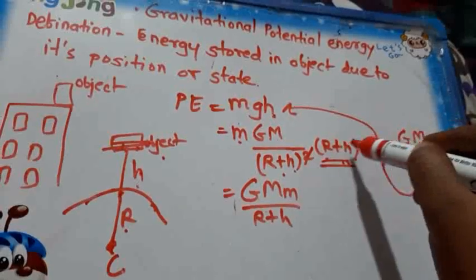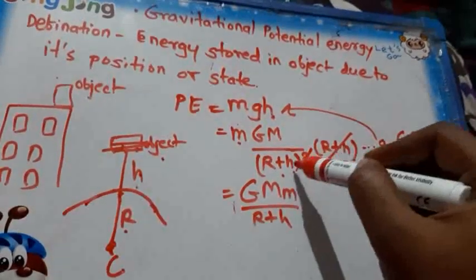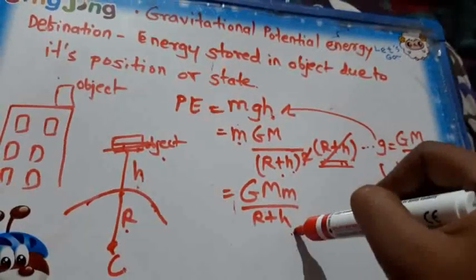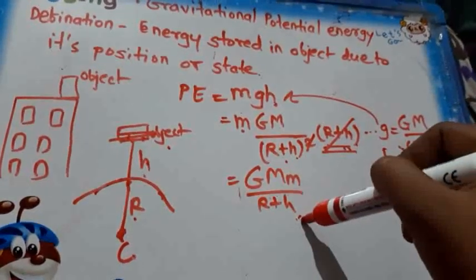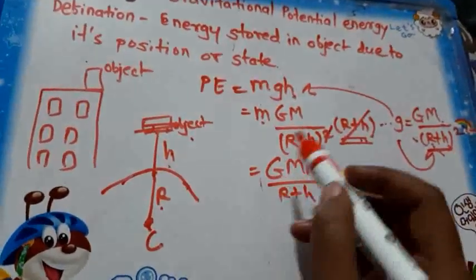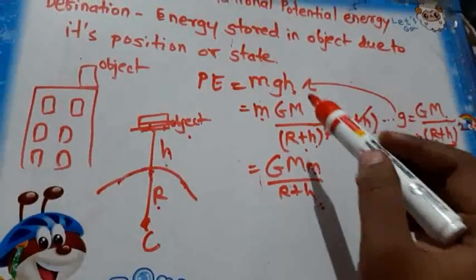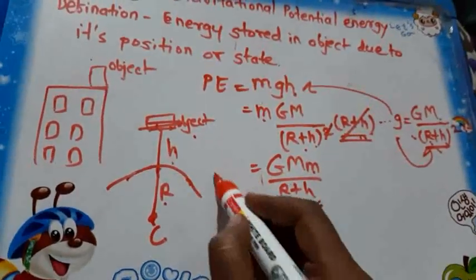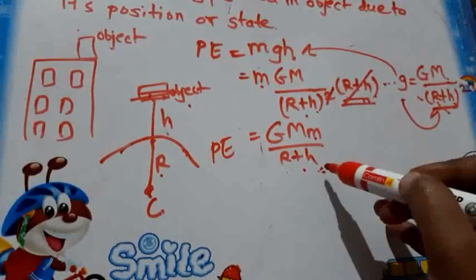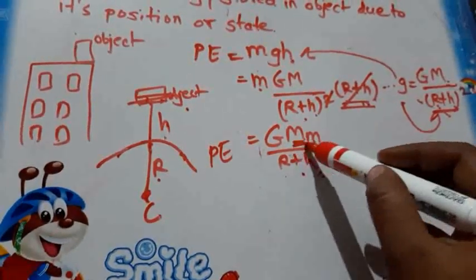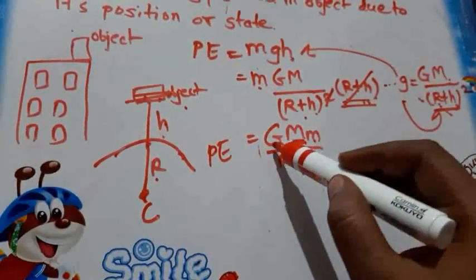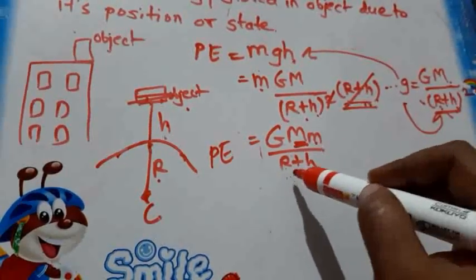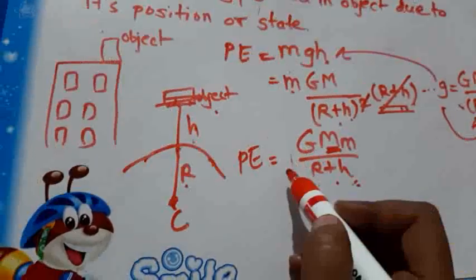So one bracket will get cancelled, and out of the square only one will remain. So the total formula will be modified into m, G, M and r plus h. So P in terms of acceleration due to gravity or mass of the earth will be given as GMm divided by r plus h.